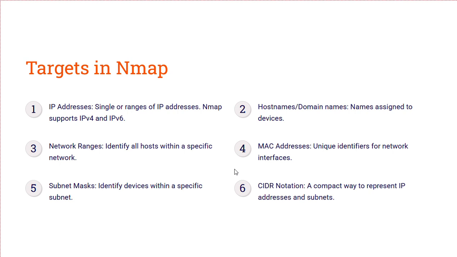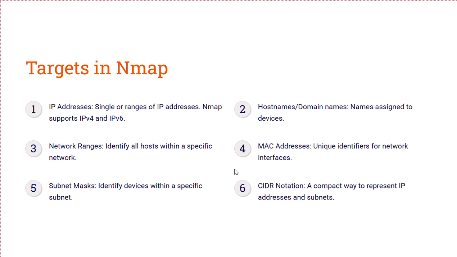Another thing is subnet masks, and then you can also use the CIDR notation, like the /24. You need to understand networking. That's another thing I wanted to talk about. If you need to use Nmap well, you need to have an idea of what networking is.